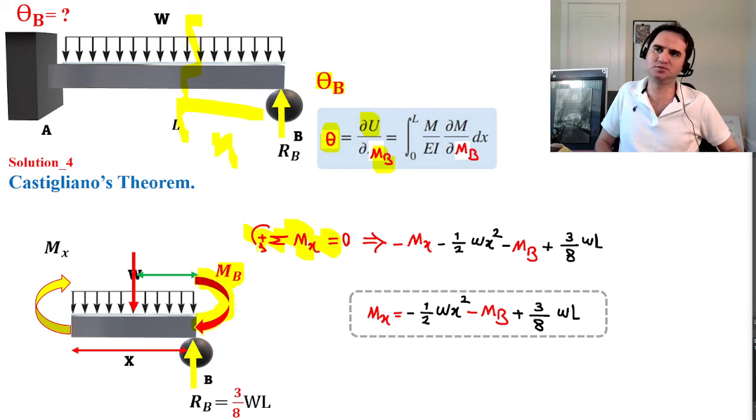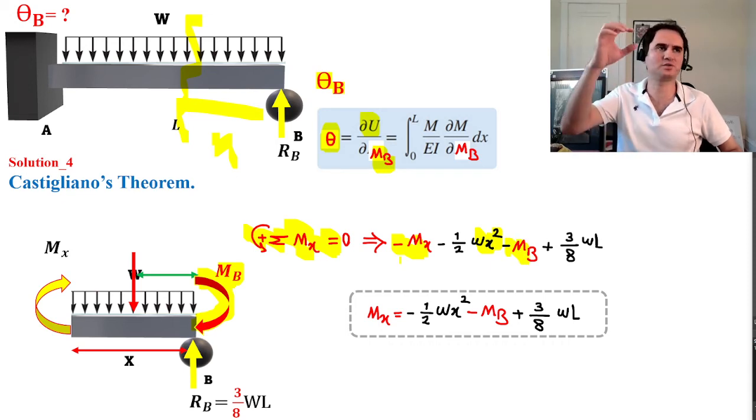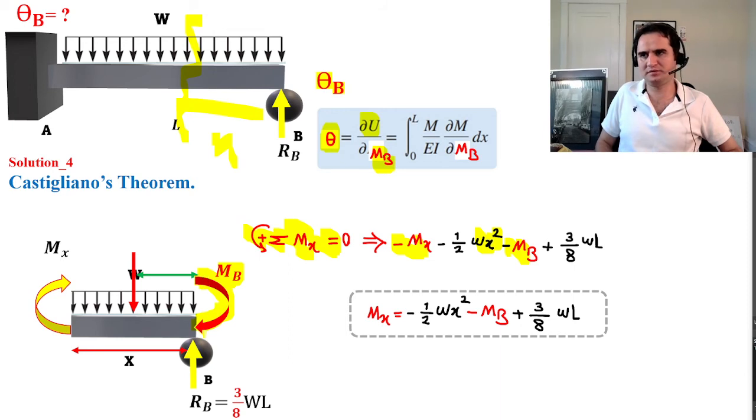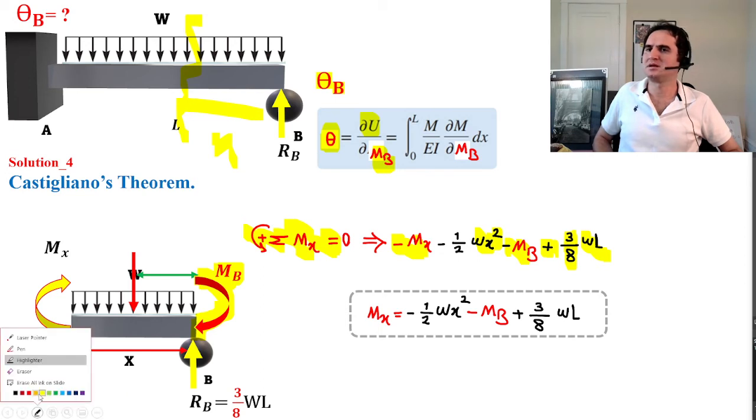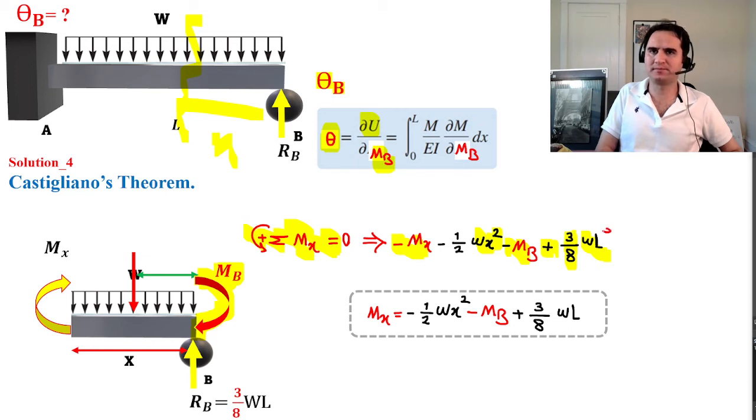If you do so, it gives you a minus MX, a clockwise MX like the previous part, minus 1 over 2 WX squared, this time a negative MB, which we just developed here, plus RB times 3 over 8 WL, times the distance, which is X. If you develop the M equation, it gives you this equation.